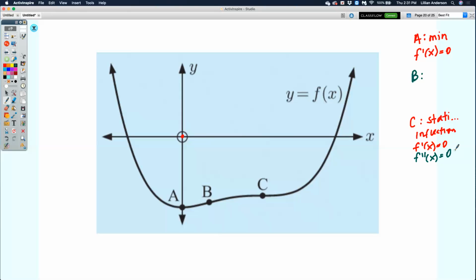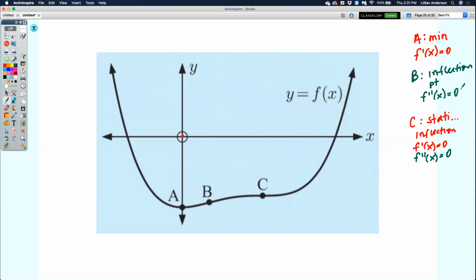Point B is actually just an inflection point. It changes from being concave down to concave up very, very minimally, but it does happen. And again, that's where the second derivative is equal to 0.